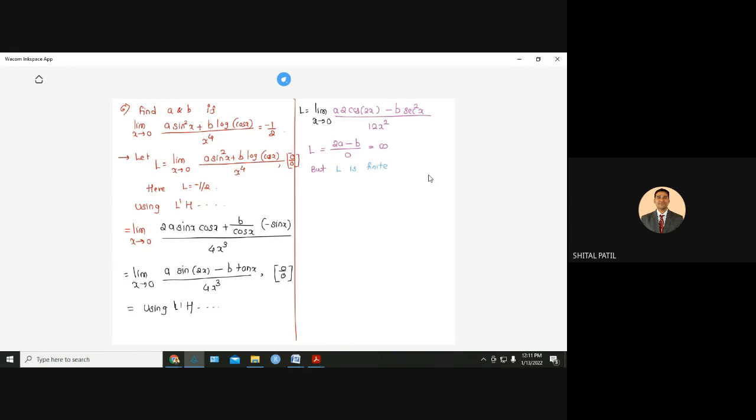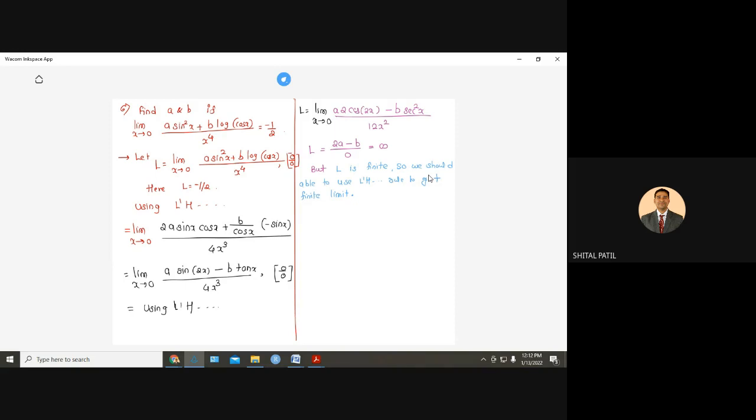So we should be able to use L'Hospital's rule to get a finite limit. Do you understand the logic now? If we keep it as it is, 2a minus b divided by 0 will be infinity.